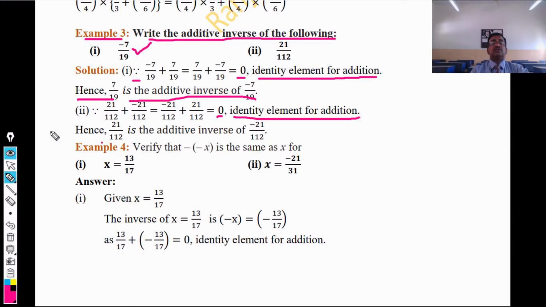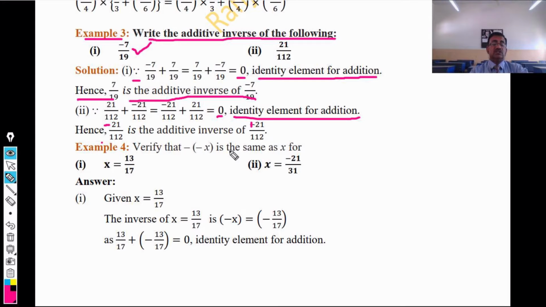Hence, make a slight correction here: put a minus sign here. Minus 21 by 112 is the additive inverse of 21 by 112.